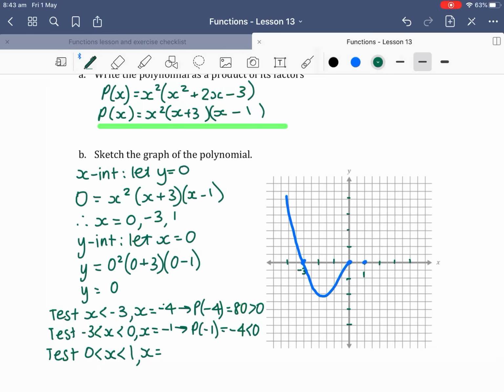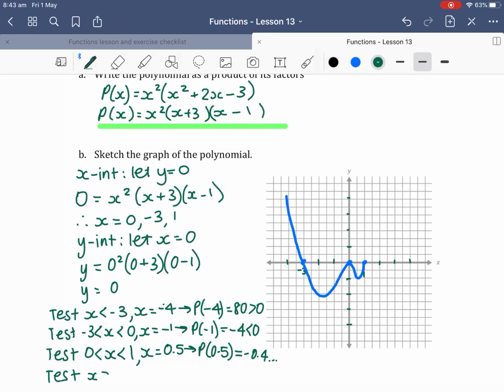So we sub in x equals 0.5, and we get a negative again, negative 0.4. So that means it's going to stay below the axis, like so.